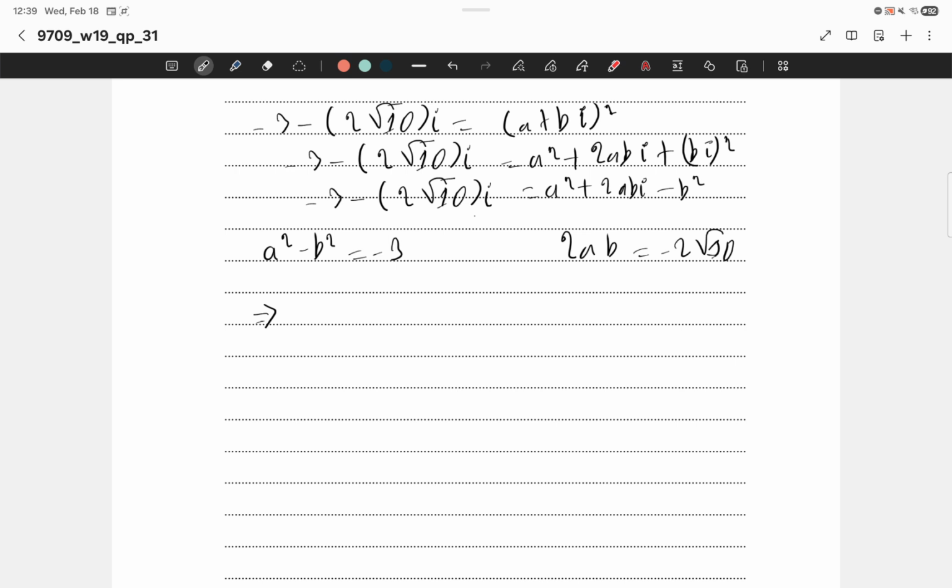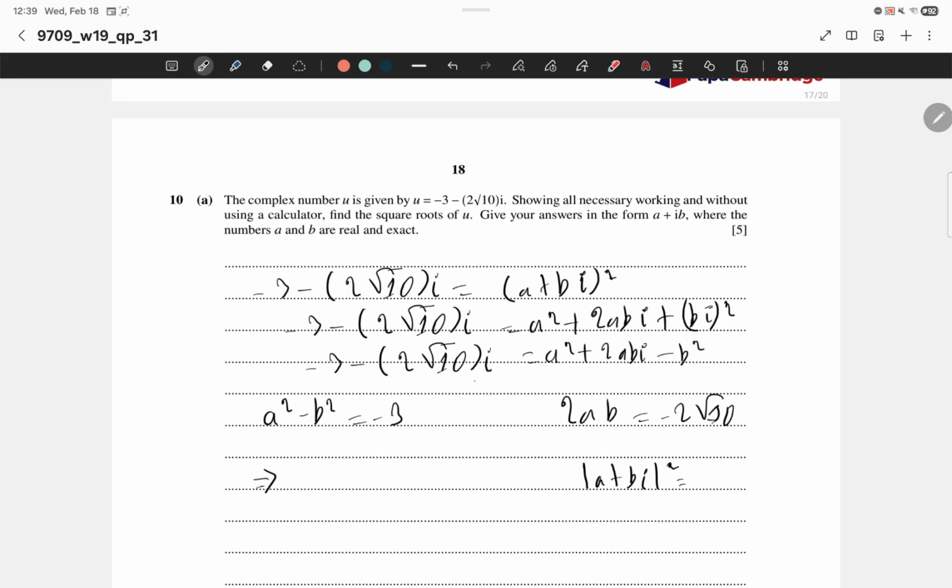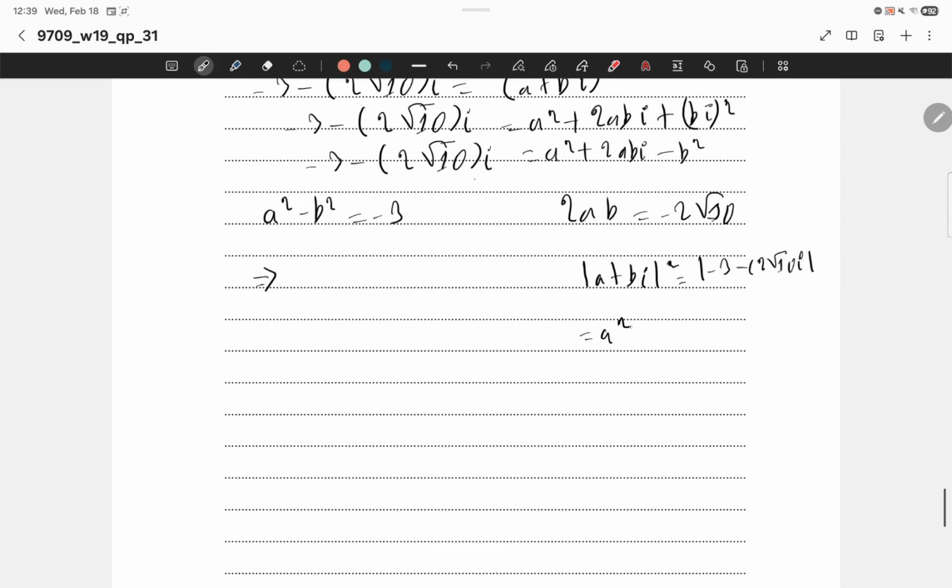So what I'm going to do is a square plus b square, which is negative 3 square plus 2 root 10 square, square-rooted. Basically I'm doing the modulus.